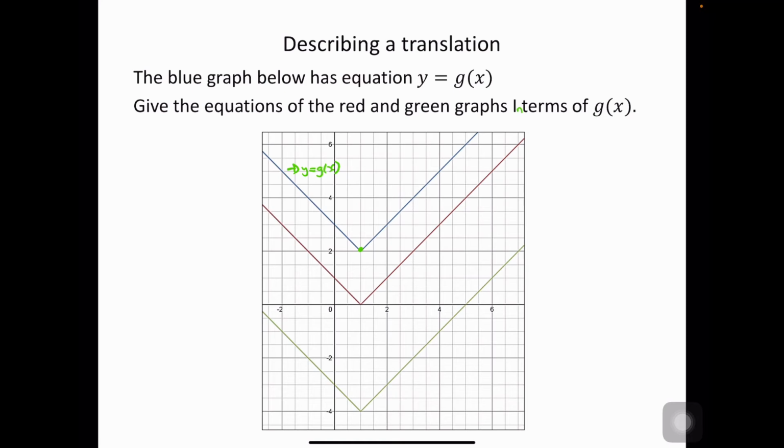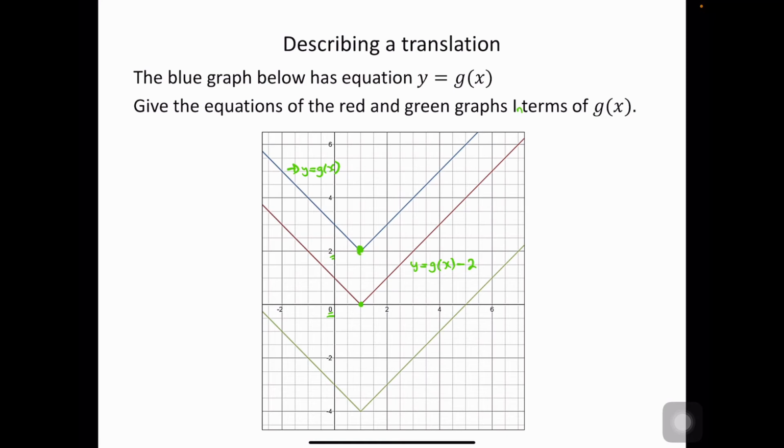Describing translations are quite, I'd say, easy, because you just focus on one point. You see what is happening to it. So we go from 2 to 0. The y coordinate goes from 2 to 0. And so this is going to be y equals g of x take away 2. Make sure it's not within the brackets.